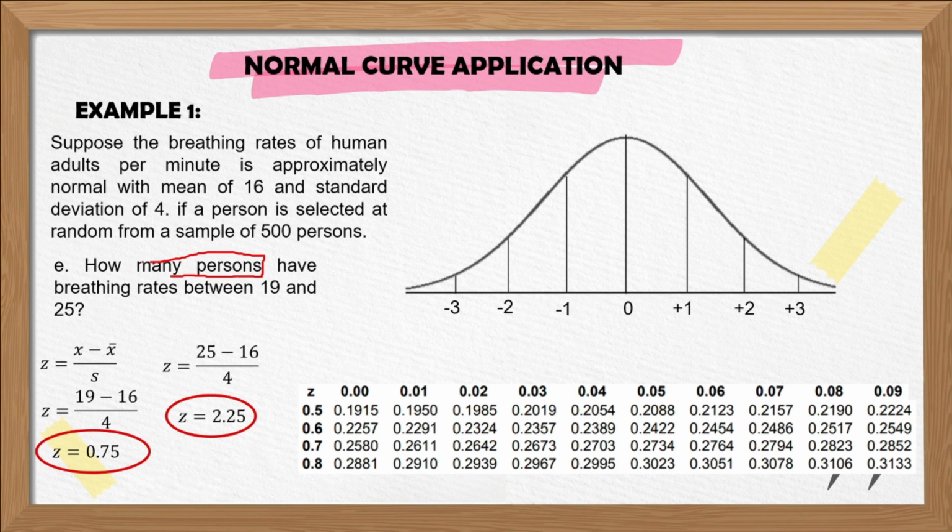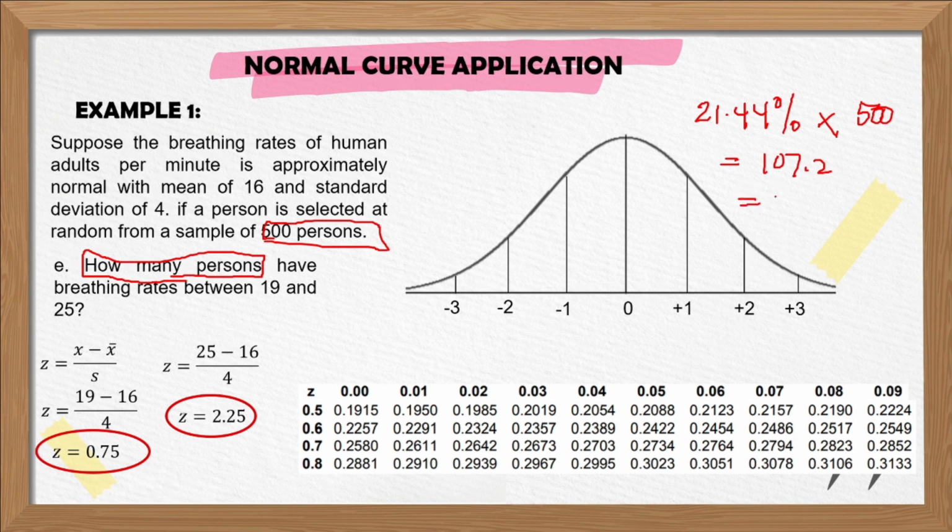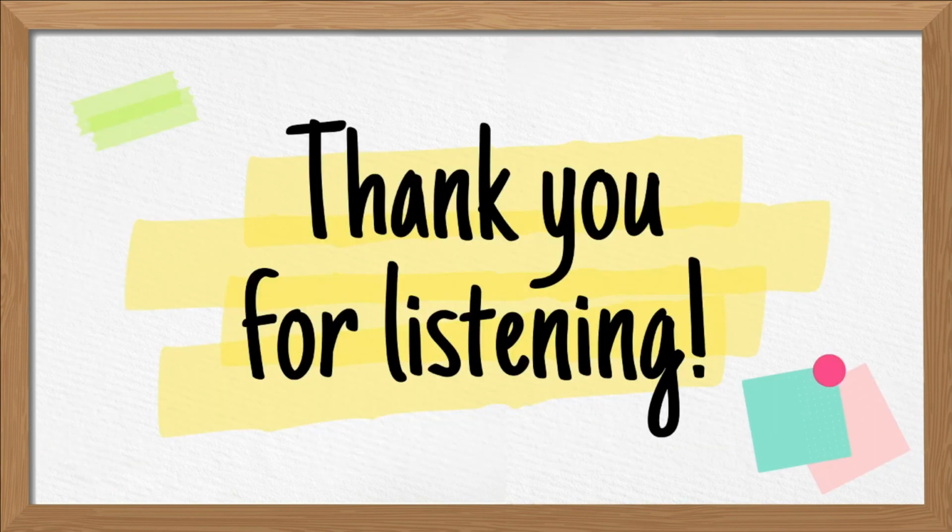Number ng tao kung ilan. So, yung 21.44% should be multiplied by 500 kasi there are 500 persons. 21.44% times 500 is equal to 107.2. Since this is a number of people, gawin natin 108 persons. So there are 108 persons who have breathing rates between 19 and 25. So that's it for today. Thank you for listening.